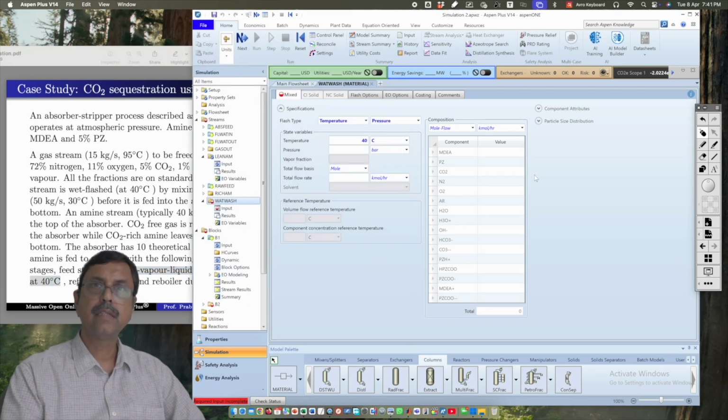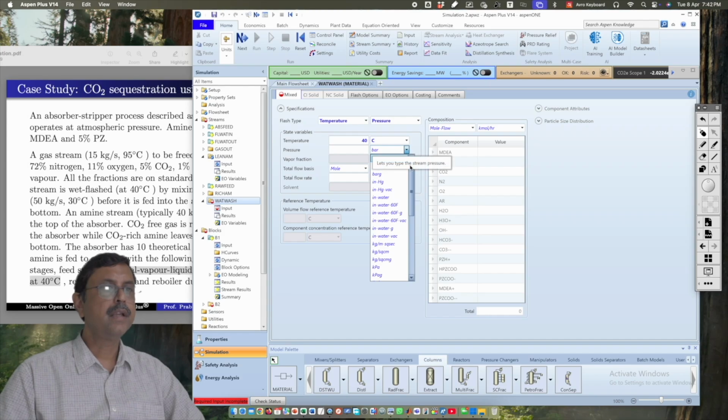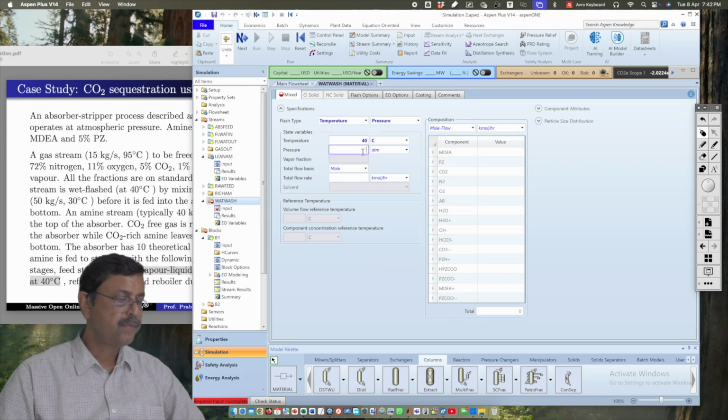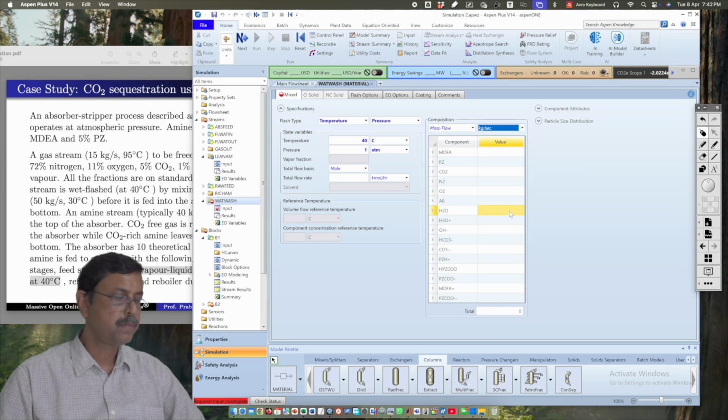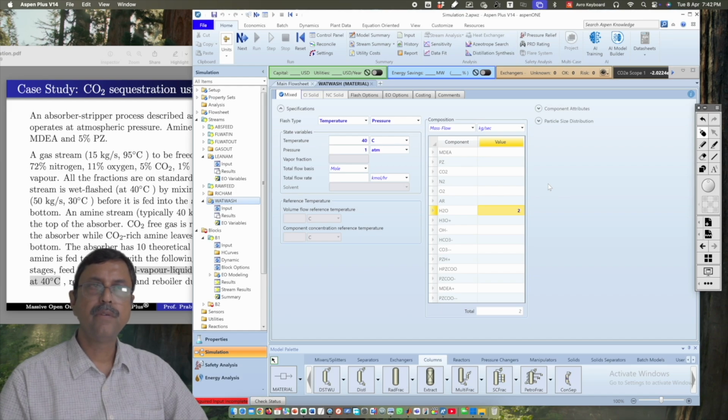So whatever the H2O rich distillate that is coming out of the condenser of the stripper, that will have the temperature of 40 degrees centigrade. So we will assume that this is 40 degrees centigrade. And for the time being, we will keep a very small flow rate of 2 kg per second. It's a kind of dummy stream for now.